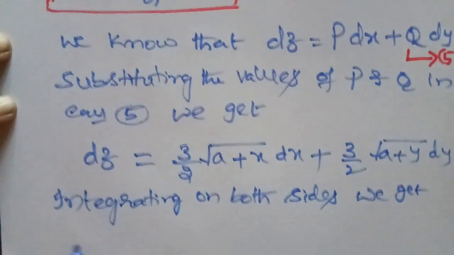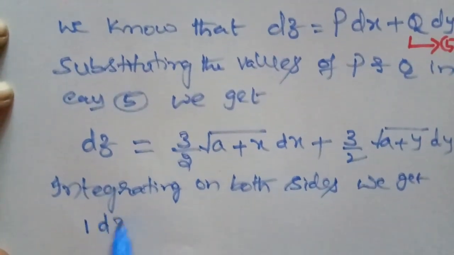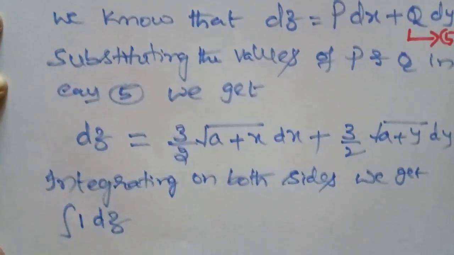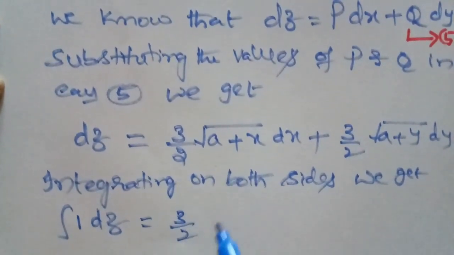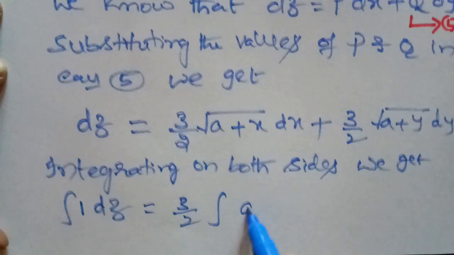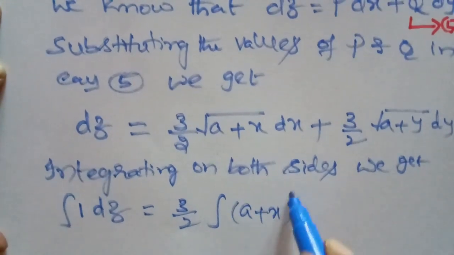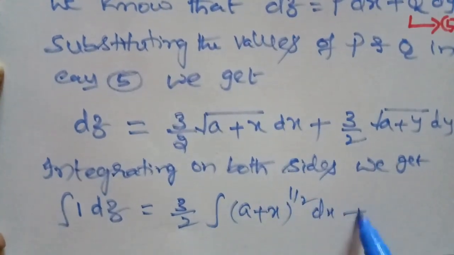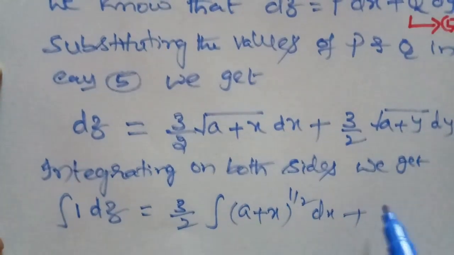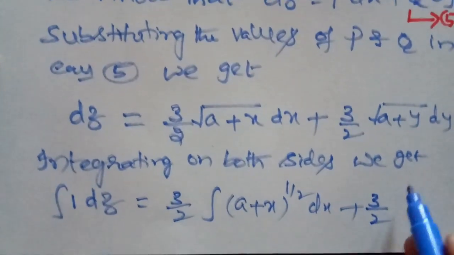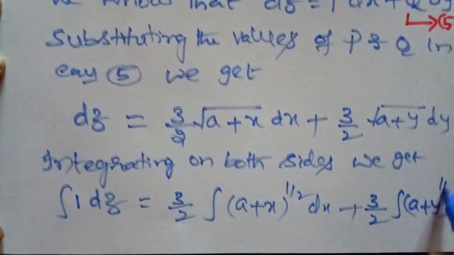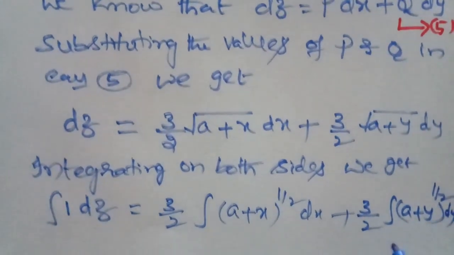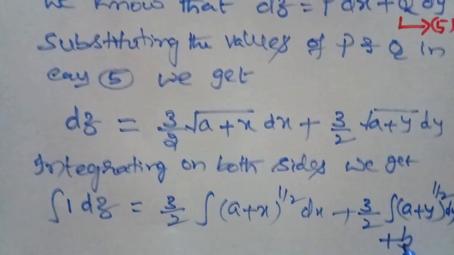We get integration of 1 dz is equal to 3 by 2 into integral of a plus x whole to the power of 1 by 2 dx plus 3 by 2 into integral of a plus y whole to the power of 1 by 2 dy plus constant of integration.